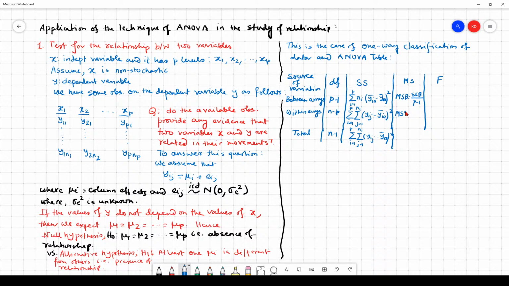MSW, mean square within array, is SSW, sum of squares within array, divided by n minus p. SSW is the same as SSE, so MSW is the same as MSE, mean square due to error. And the F ratio is equal to MSB by MSW.